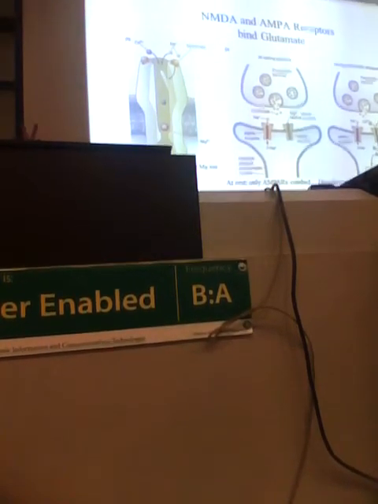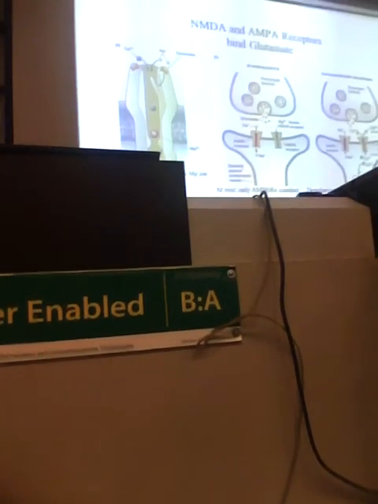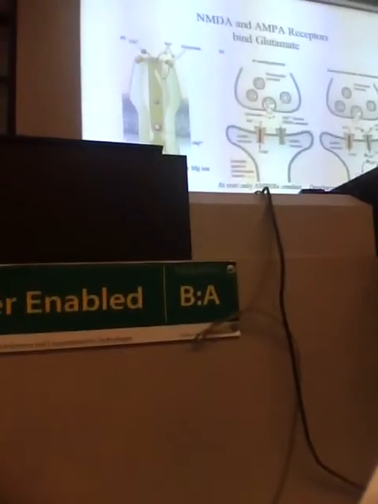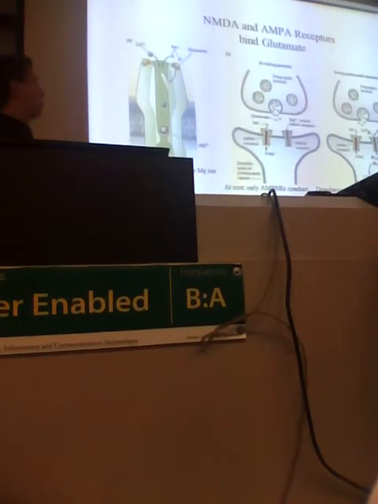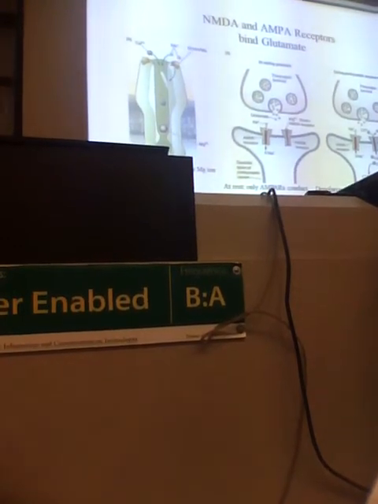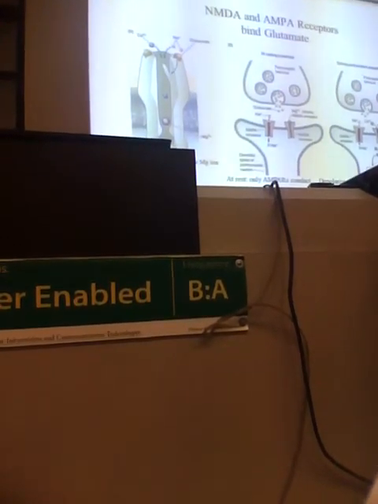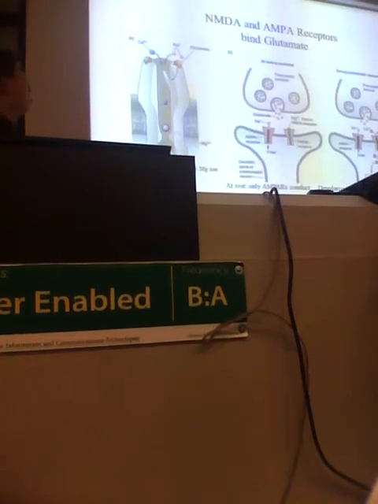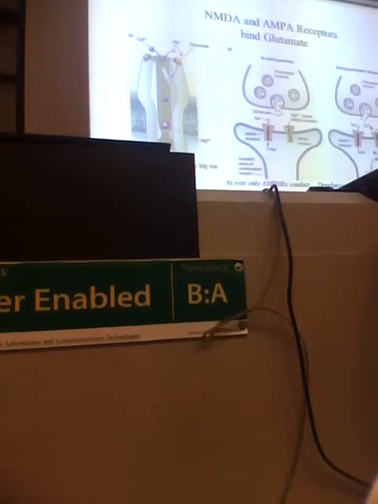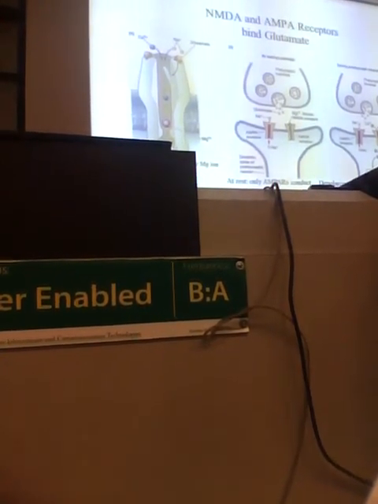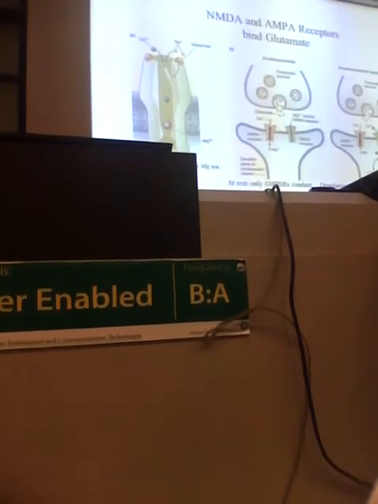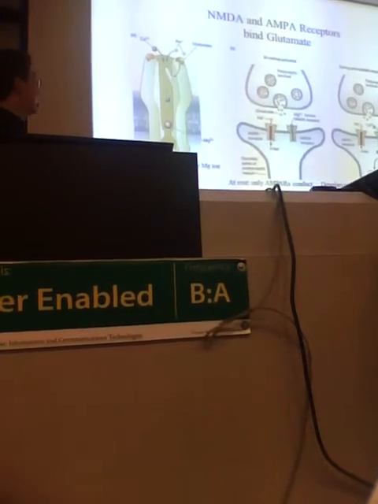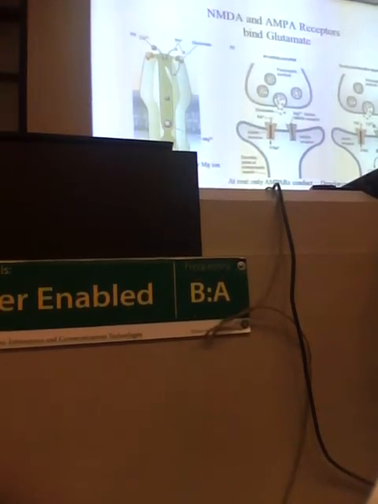So two conditions need to be satisfied for NMDA receptors to conduct. First, you need to have presynaptic activity to release the glutamate, because remember, you still have to have glutamate binding to the receptor. And simultaneously, you need to have postsynaptic membrane depolarization to unblock the NMDA receptor. So in other words, the NMDA receptor is very good as a coincidence detector.